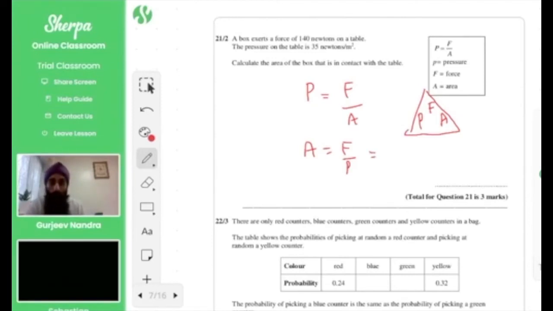So the force here is 140, and the pressure here is 35, which you've got in the question. It's a straightforward division, 140 divided by 35 to give us 4. And 4 would be your answer, obviously. It's a measure of area, so the units in the question are meters squared.